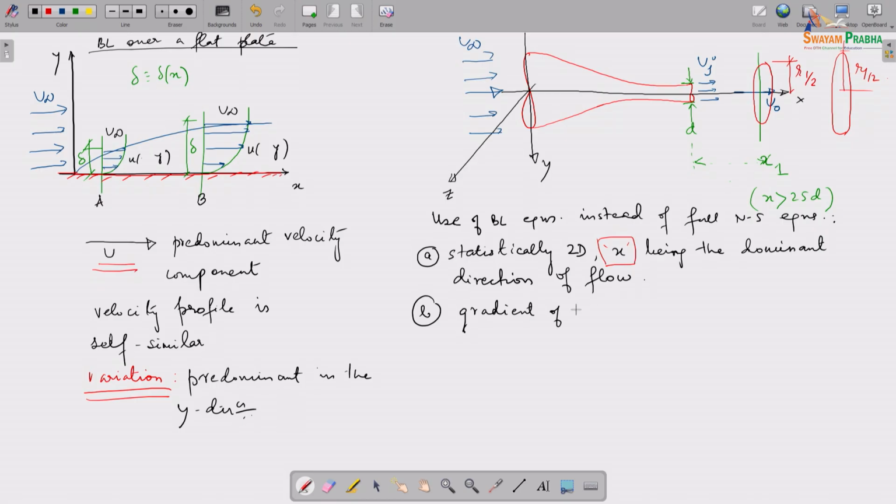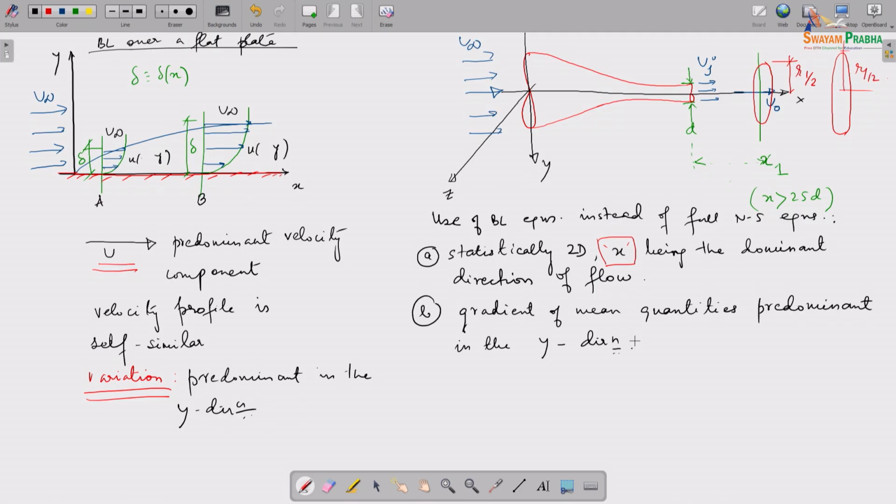So gradients of mean quantities are predominant in the y direction, essentially in a direction perpendicular to the direction of flow.